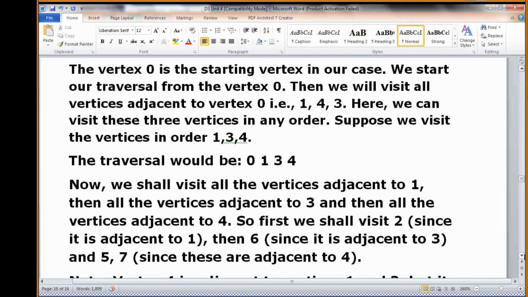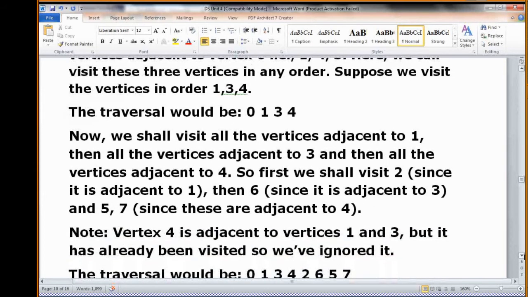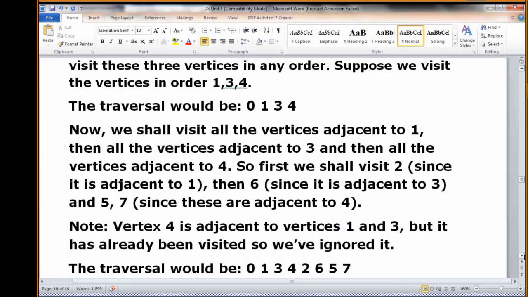If you say, no sir, I will select 0, 1, 4, 3, you can, no problem, but you have to visit 0 first, next the adjacent vertices of 1, then of 4, then of 3, in that order.